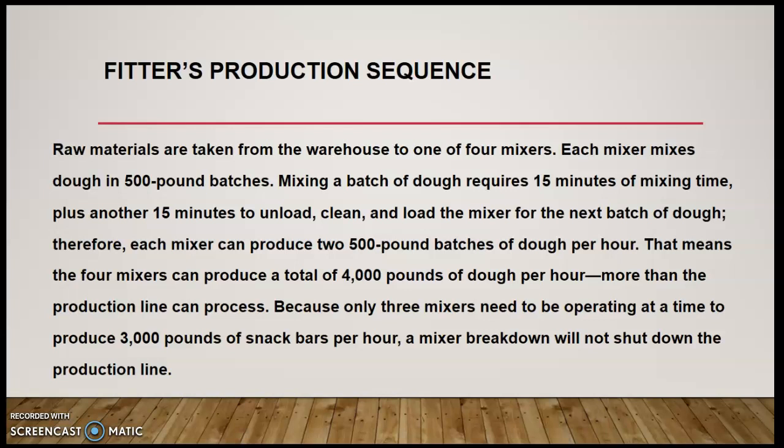That means the 4 mixers can produce a total of 4,000 pounds of dough per hour, more than the production line can process. Because only 3 mixers need be operating at a time to produce 3,000 pounds of snack bars per hour, a mixer breakdown will not shut down the production line.